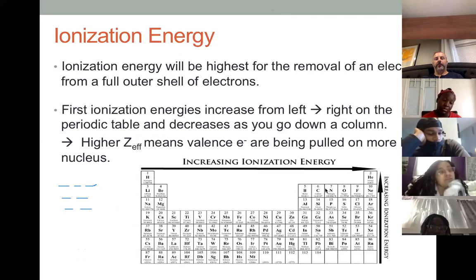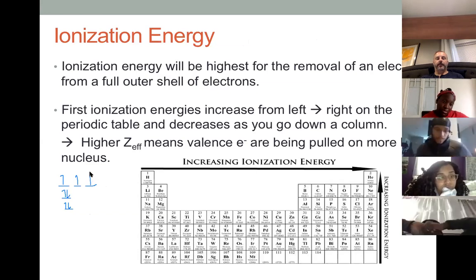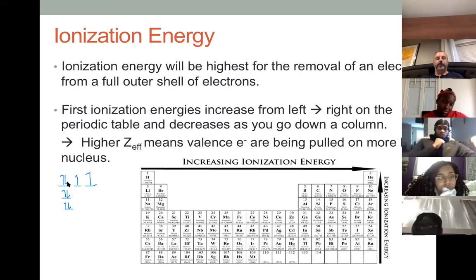Oxygen is number 8. So 1s, 1 up, 1 down. 2s, 1 up, 1 down. Now we're in 2p. 2p up. So this is 2, 4, 5 electrons. Remember, oxygen has 8. So it's 5, 6, 7, and then down, 8.